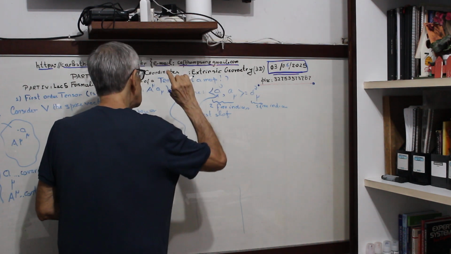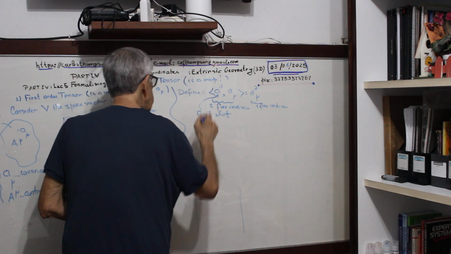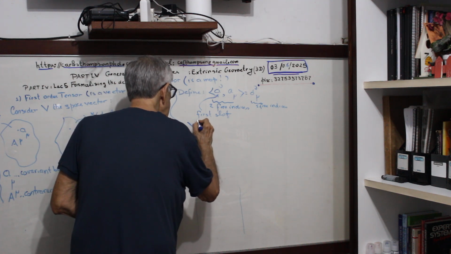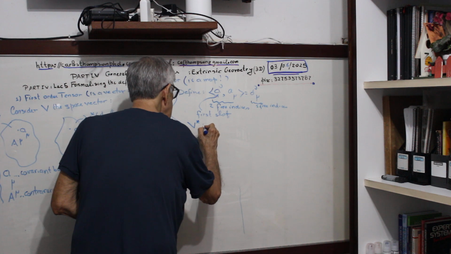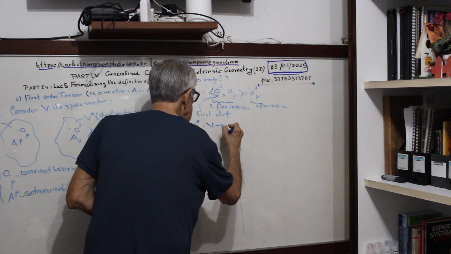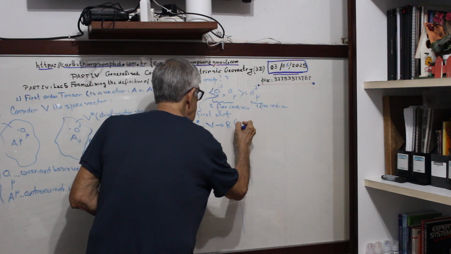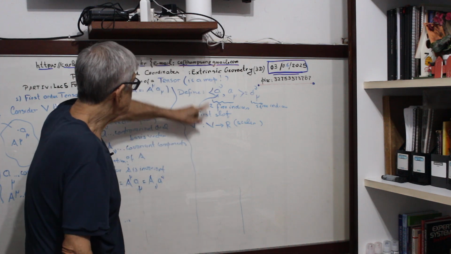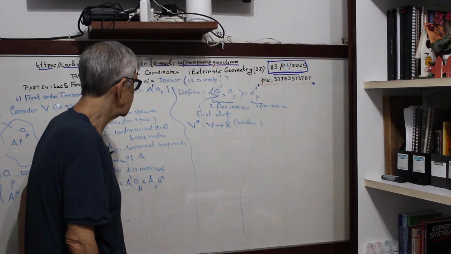Now, look how interesting. Now I'll show you that the tensor is a map. So I have, in this case, V star acting on V must reproduce a scalar, because a tensor is a map.